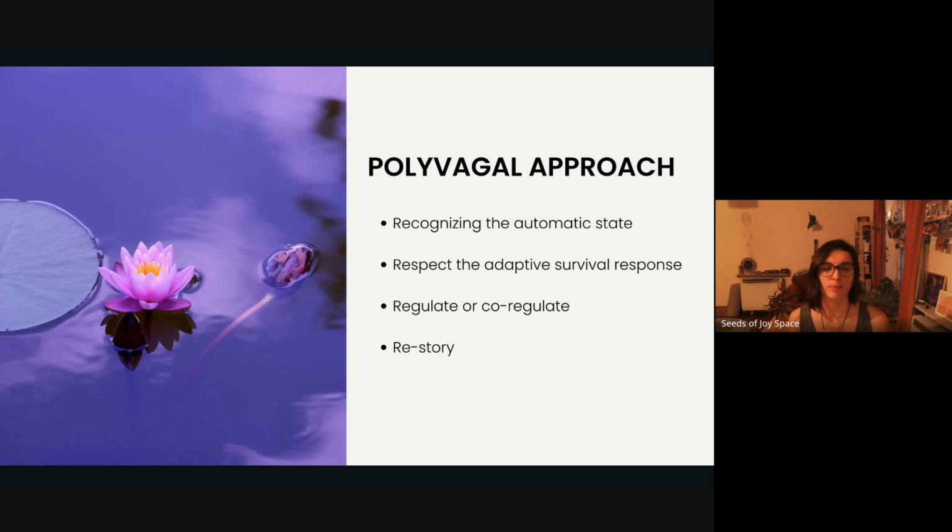By changing our behavior, or by regulating or co-regulating ourselves, we can start creating new pathways in our nervous system, and a new story for our life and how we respond to life. So that's the polyvagal approach.